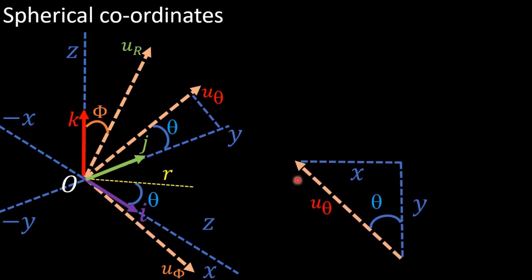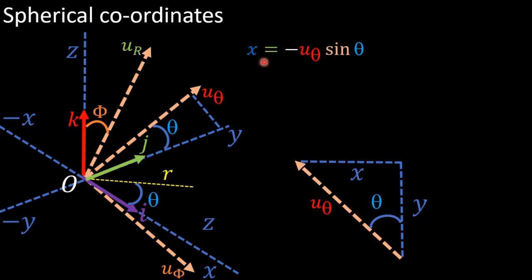Okay, so now I'm going to take apart the components for u sub theta. So I'm going to construct this triangle. So this is just constructed out of the x distance here and the y distance there. So that's this distance here. There's u sub theta there and the u sub theta there, and the angle between the y-axis and u sub theta was theta. So that's here.